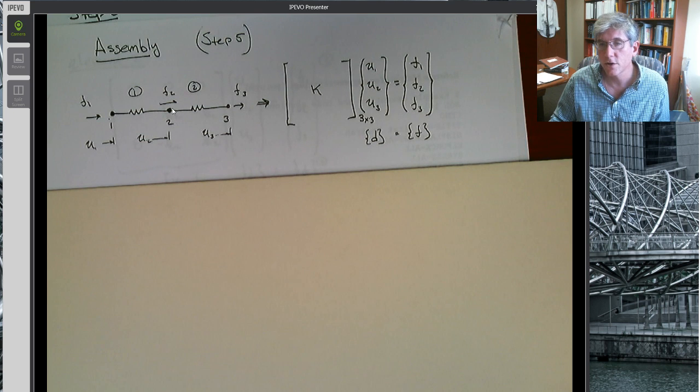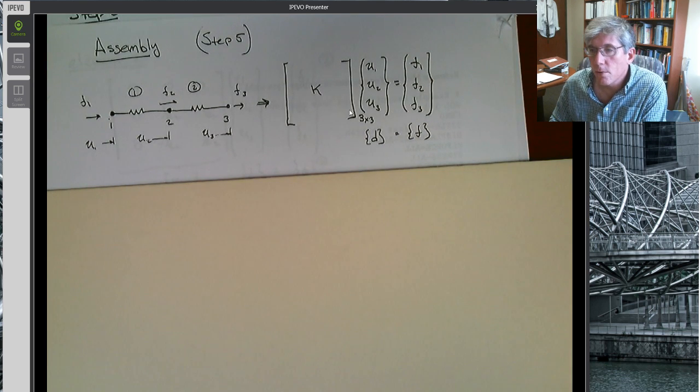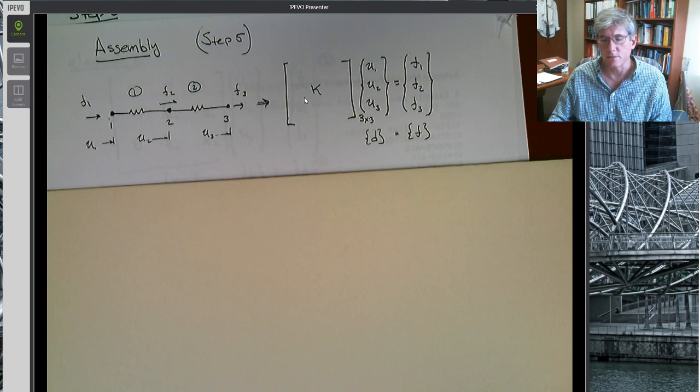So F1 at the first node, F2 at the second node, F3 at the third node, right? So we want to find this global stiffness matrix that relates the unknowns U1, U2, and U3, that's the D vector, to the right-hand side vector, the external forces F1, F2, and F3. Okay? So how do we do that? All right? So that's what we're going to do now.